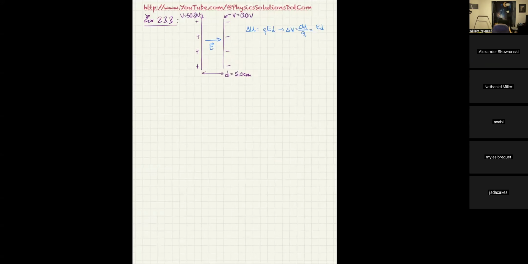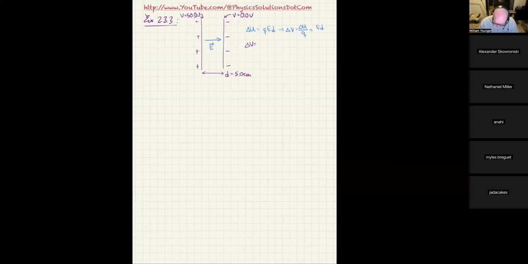Because of that, we can go ahead and say that the change in voltage, which is equal to negative 50 technically, has a magnitude of 50. We're going to determine the magnitude of the electric field, so we really don't care about whether the particle's positive or negative going one way or the other.